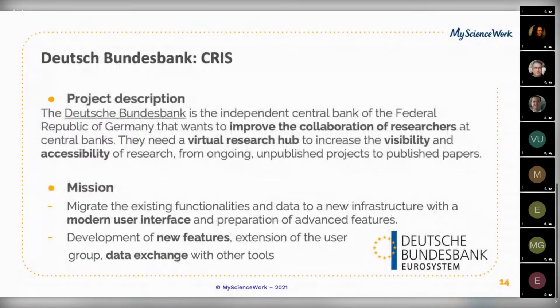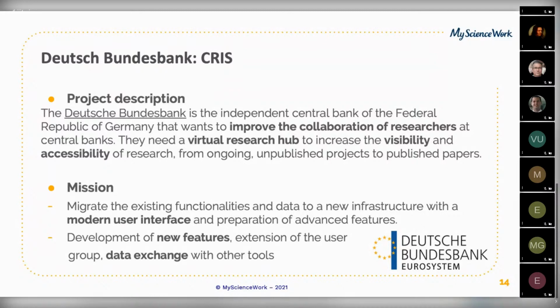Another example is the current research information system that we have implemented for Deutsche Bundesbank. The Deutsche Bundesbank is the independent central bank of Germany. The goal here is to set up the Polaris platform to handle all the information and data related to ongoing and finalized research projects, descriptions, research outputs, discussions, papers, and article submissions for peer reviewing into the Bundesbank journals, publications, and so on.